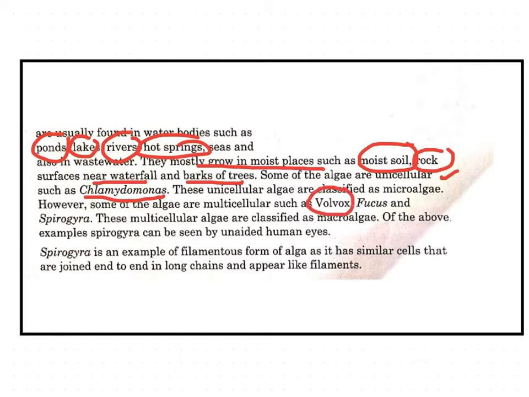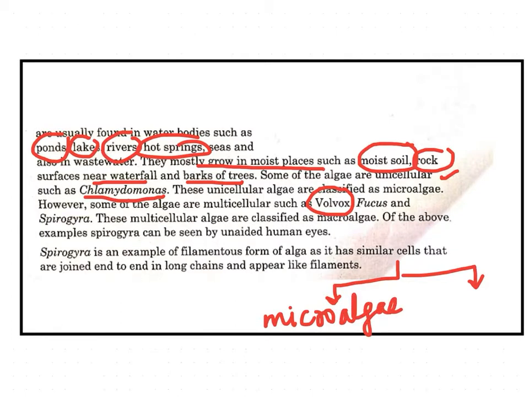So we can divide algae into two categories depending upon the number of cells. One is microalgae, another is macroalgae.